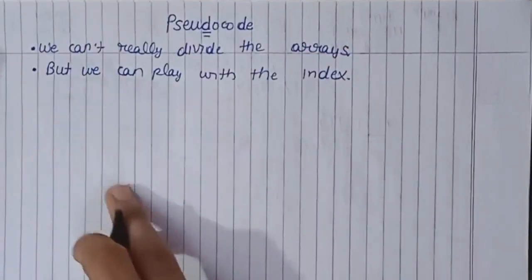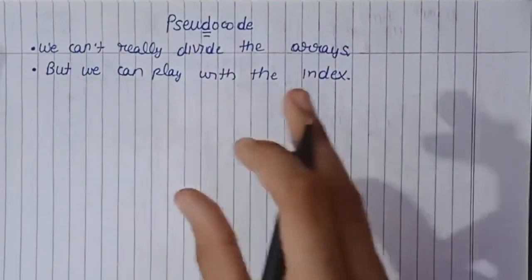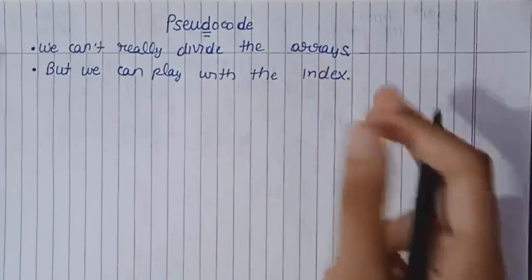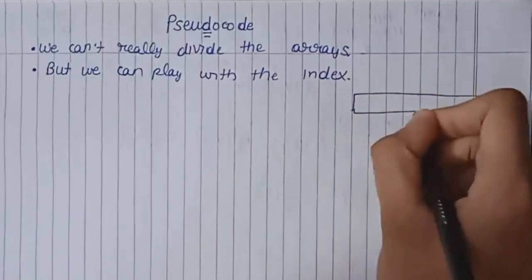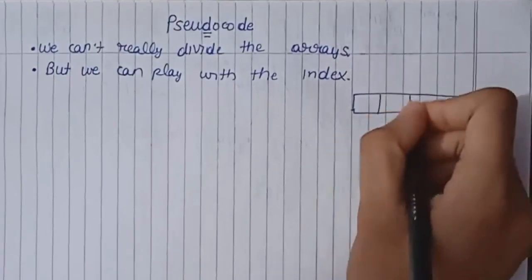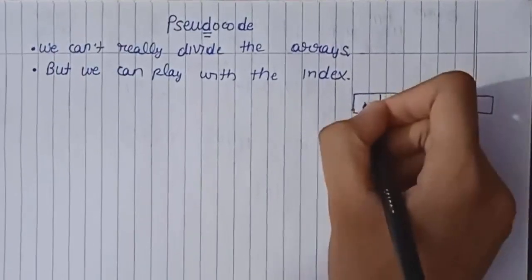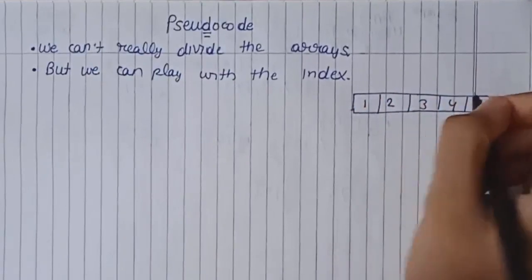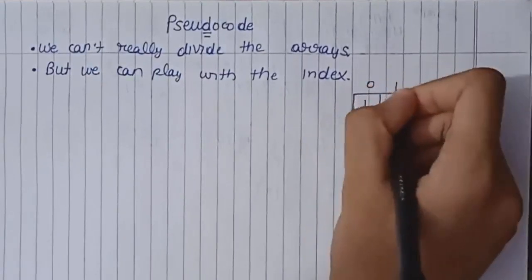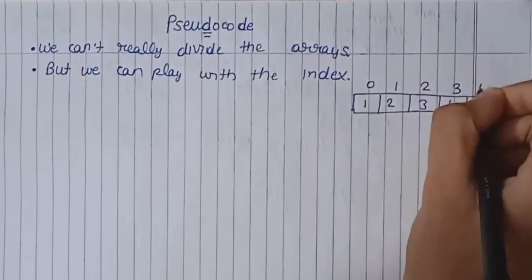So you may be thinking, how can you play with the index? Before writing the pseudocode, let me give you an idea of how it is going to work. Let us consider a 5 element array: 1 2 3 4 5, so its indexes are 0 1 2 3 4.